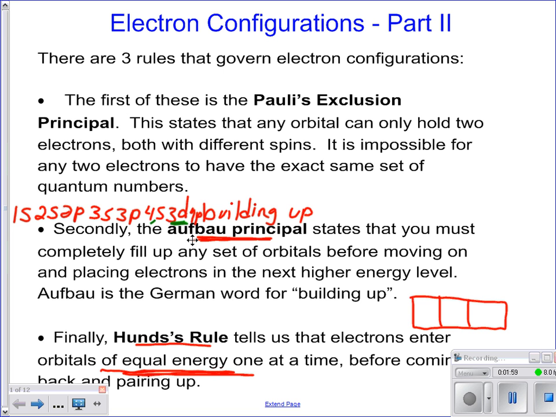So let's pretend that this is the 3p. I'm just making this up. That means that this orbital in the 3p has exactly the same amount of energy as this orbital and exactly the same amount of energy as this orbital. So you do equal energy one at a time before coming back and pairing up.